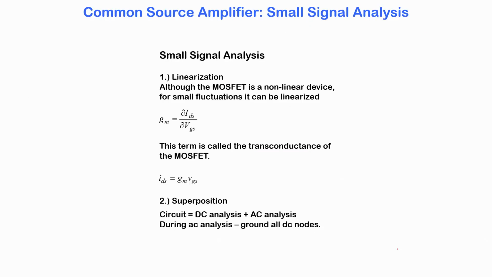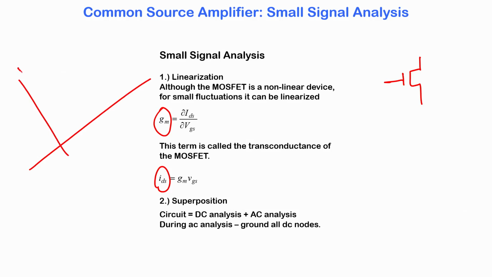Now, when we do small signal analysis, we would like to define certain terms. Okay. So, we are now interested in the small signal behavior of the MOSFET. And what do you mean by small signal behavior? To reiterate, you have the transfer and output characteristics. So, let us say that is the transfer characteristics of the MOSFET.